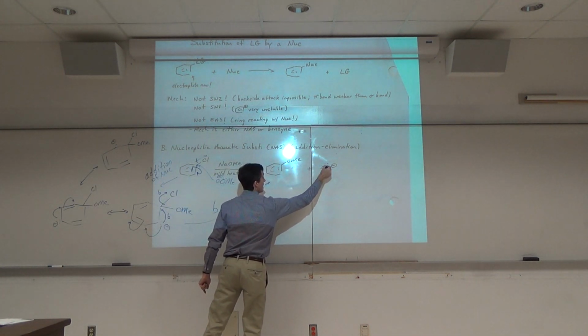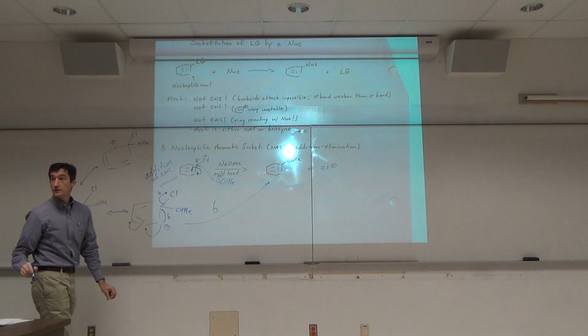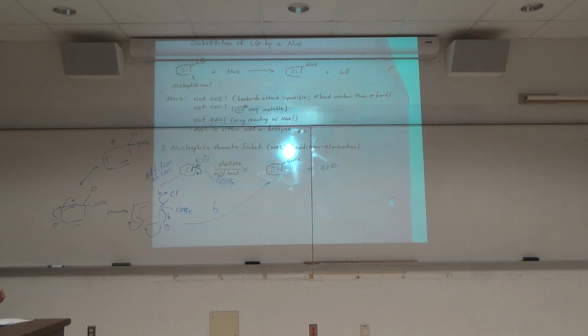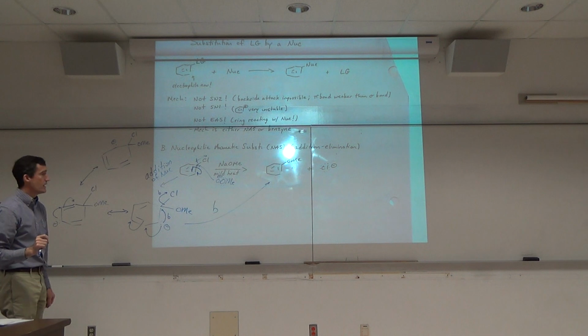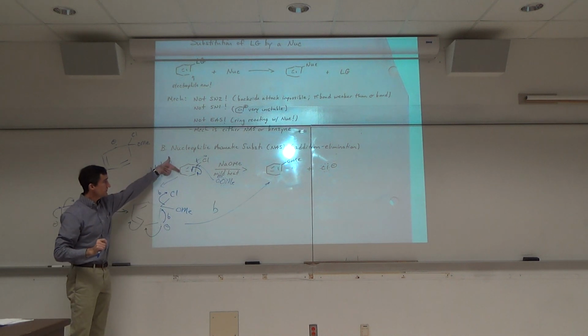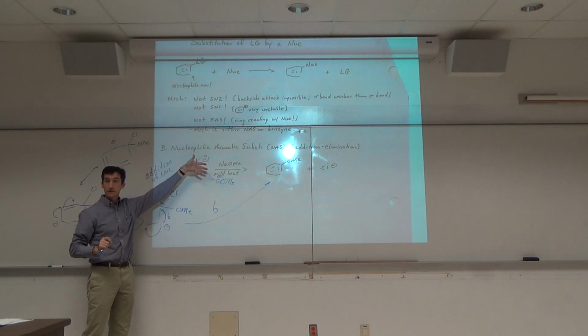Isn't this essentially what we did on phosphates? We did an addition elimination? Yeah. Like I said when we started, we've seen this before. It's addition elimination chemistry. Overall, it's substitution. Tell me, is this SN2? No, in SN2 you would come in and kick it off directly. Is it SN1?